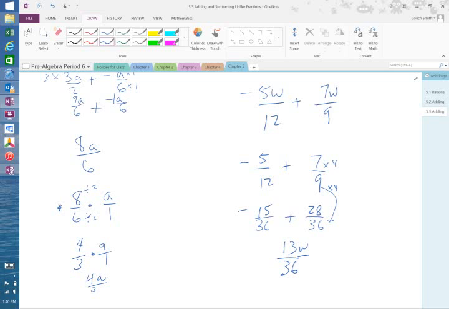It only affects the answer in the sense that I have to have the w in the answer, and I do have to know if the w is the same on both of them. So don't make it harder than it is just because they put a variable in there and everybody starts freaking out.